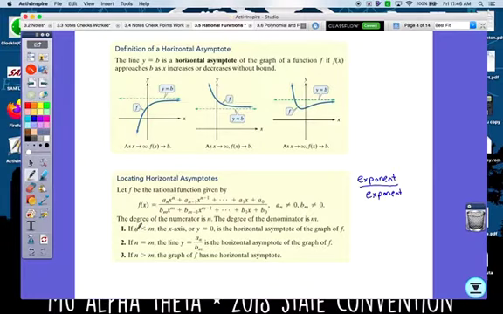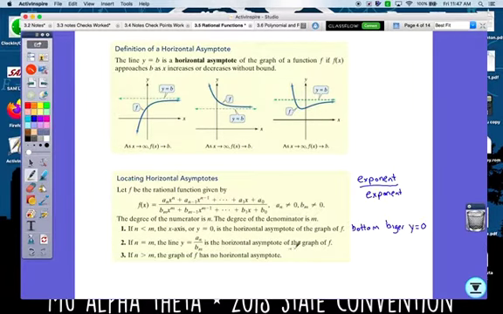If the highest exponent is on bottom, so if the denominator is bigger, then you're going to have y equals 0, which is your x-axis. That's going to be your horizontal asymptote.